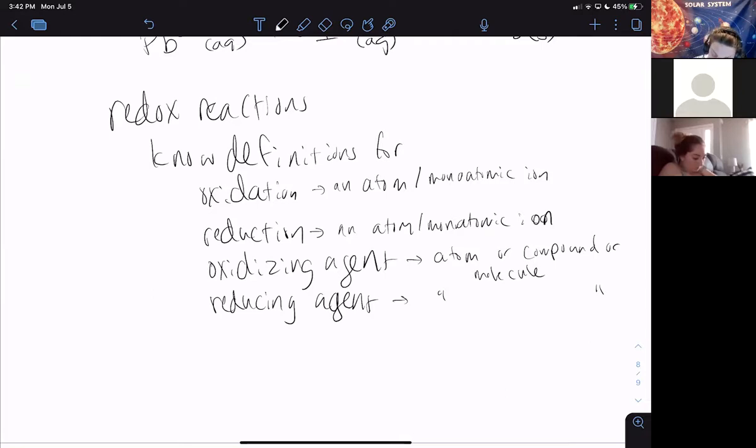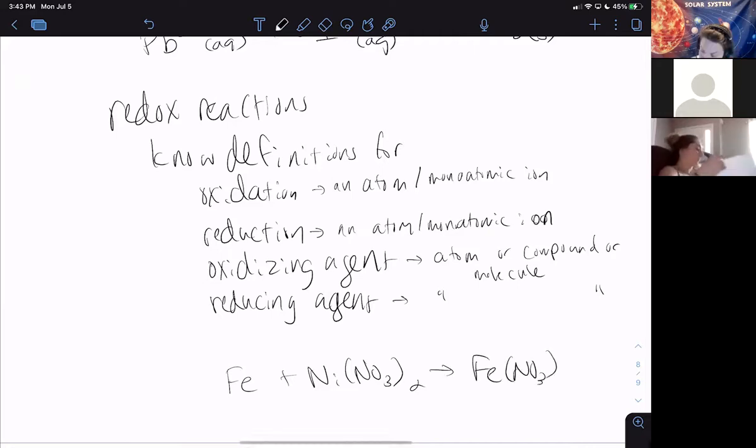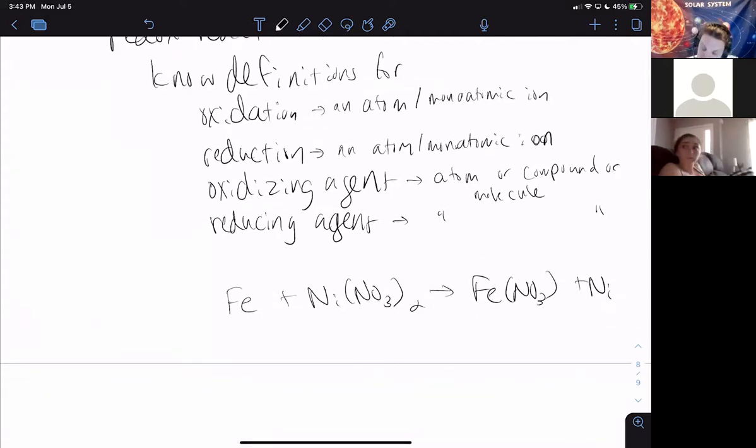Fe + NiNO3 goes to FeNO3 + Ni. The nickel is being reduced.